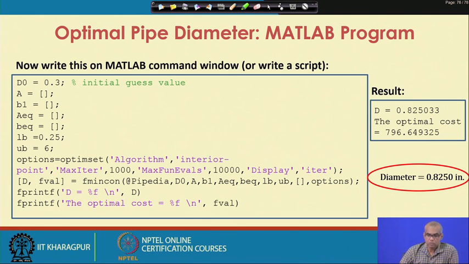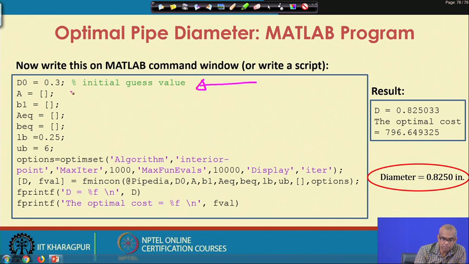So, now you can use fmincon to solve this optimization problem. Define the initial guess.